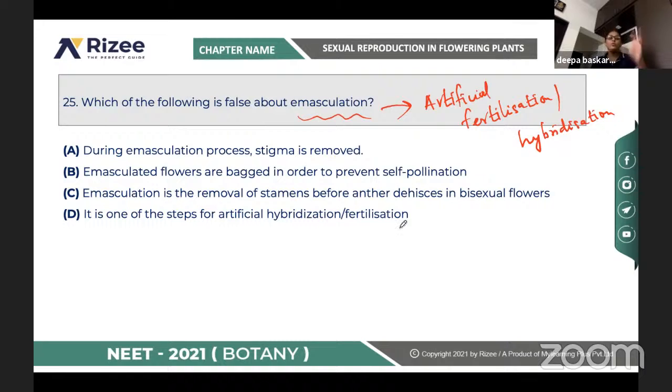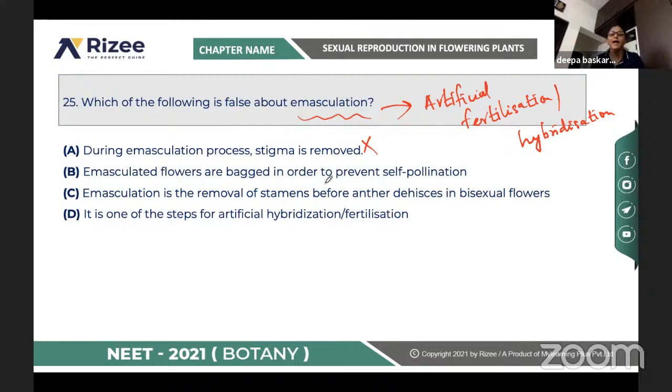So we have to separate the anther from the male flower. So the removal of anthers from the flower for artificial fertilization is the process called emasculation. So during emasculation, is the stigma removed? No need to remove the stigma. We should not disturb the female reproductive system. Clear?